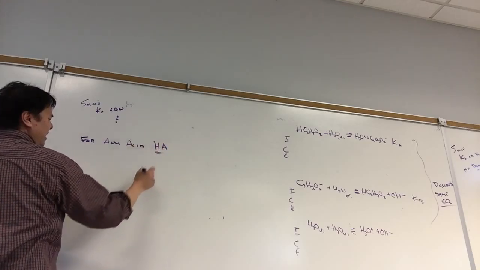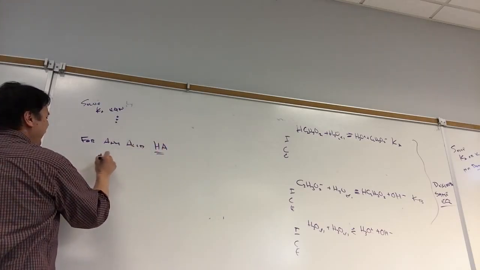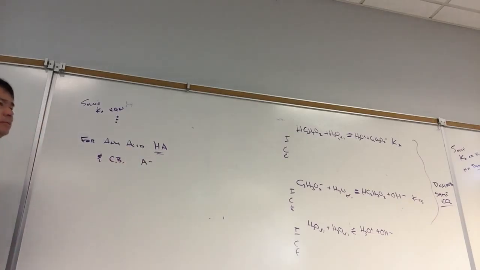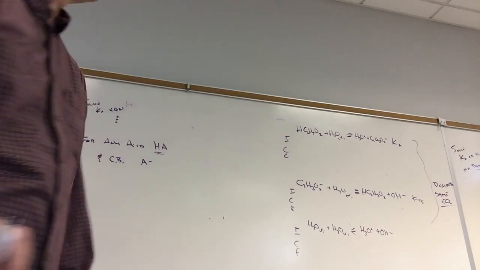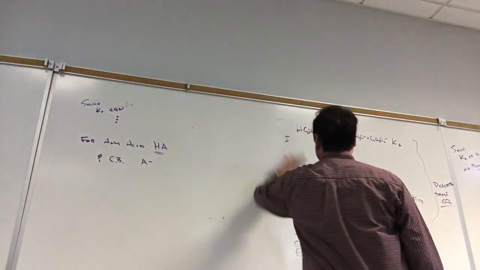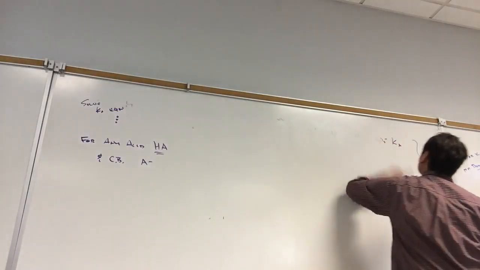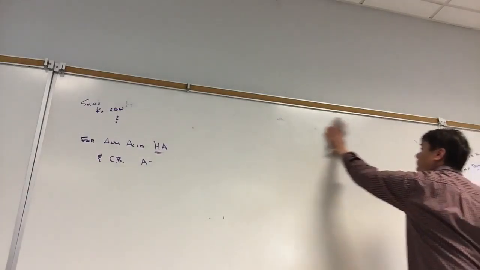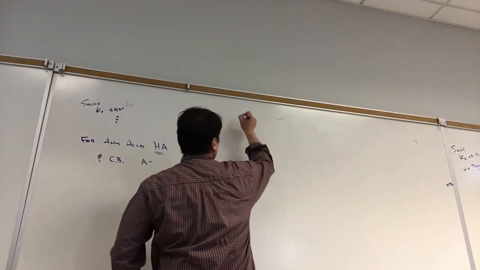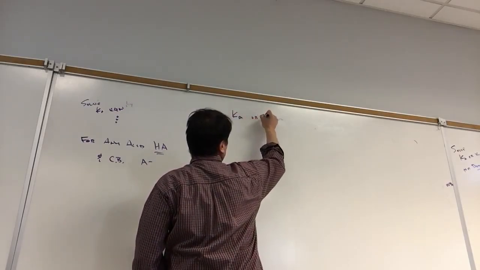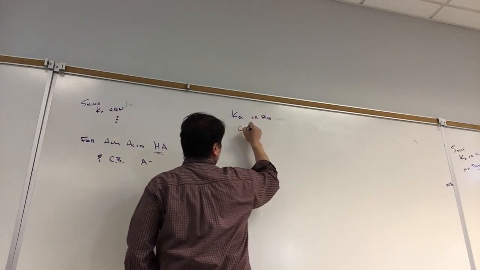We call HA our generic acid, and conjugate base, which would be A minus. We can come up with a table. And so Ka or Kb is okay, but we're going to choose Ka.